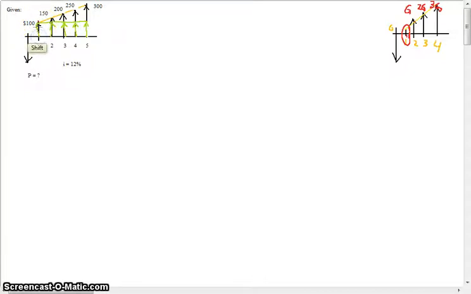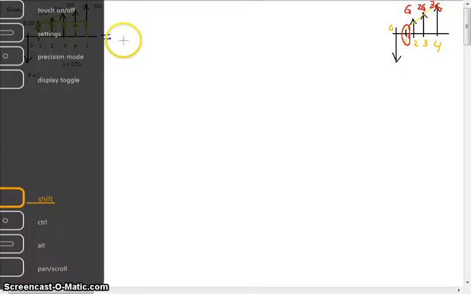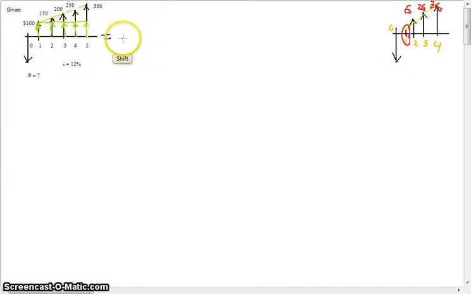So then on top, we have our gradient on top. Okay? So we can rewrite this as a new cash flow diagram consisting of 2 cash flows.